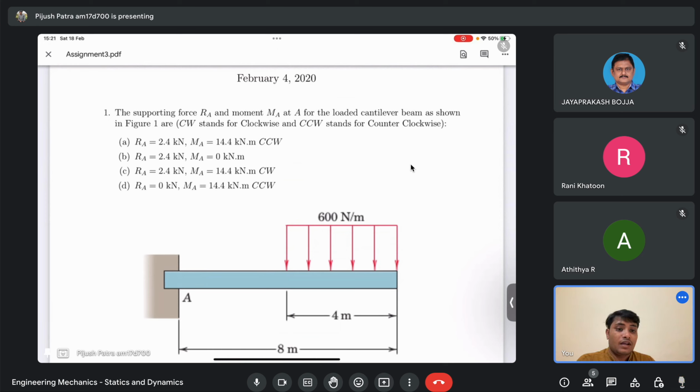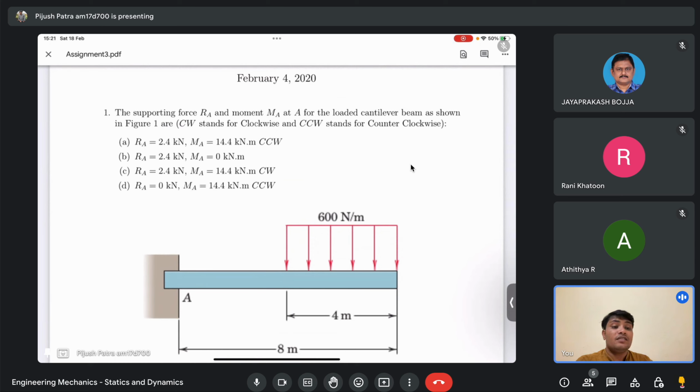Okay, after getting all the forces and moment, like getting different reaction forces and moment, you draw the free body diagram and then apply these three equations. Summation Fx equals to 0, summation Fy is equals to 0, and the net moment is also equals to 0. If you apply these three equations, you will get all the unknowns.